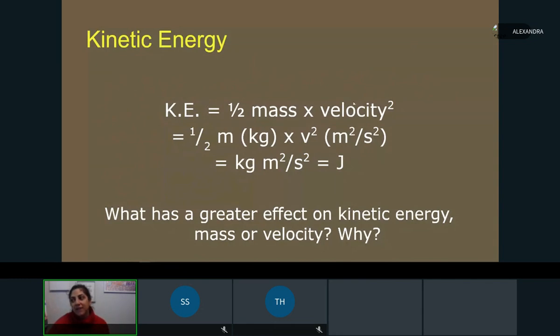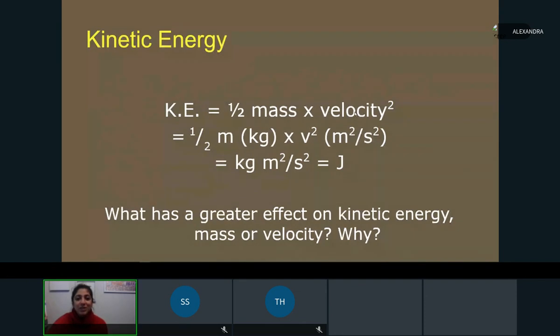Are you going to change how fast it is, or how big it is? Are you going to want to change something that you're going to have to cut in half, or something that will be doubled and multiplied by itself?